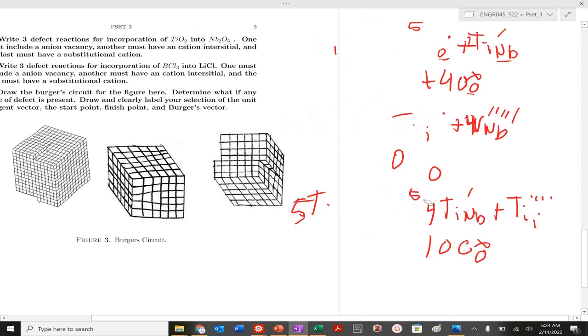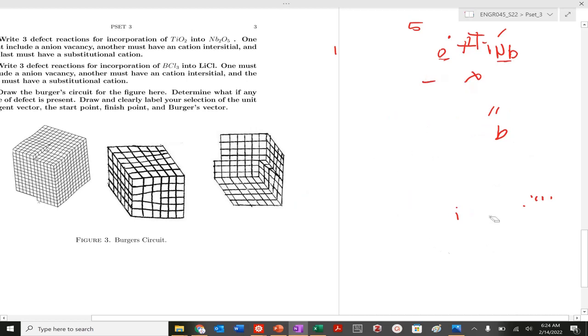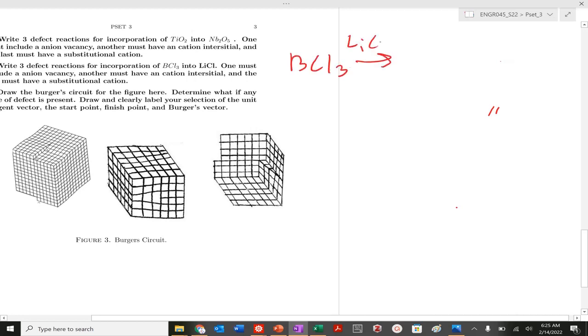So let's do the same thing for incorporation of B and Cl. I need to incorporate BCl3 into lithium chloride. I need an anion vacancy again, so I need a vacancy in Cl. That's going to lead to a plus here. Then I'm going to do plus B replaces lithium.